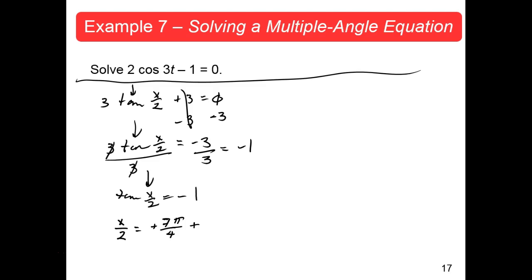Tangent is positive in first, negative in second, positive in third, negative in fourth. So you're right, it is a pi fourth, but it's repeating itself. The period for tangent is pi. So you can cover that by just saying plus n pi.